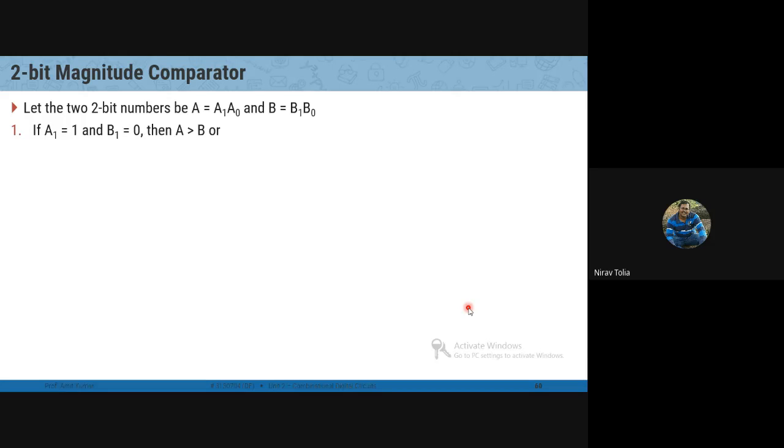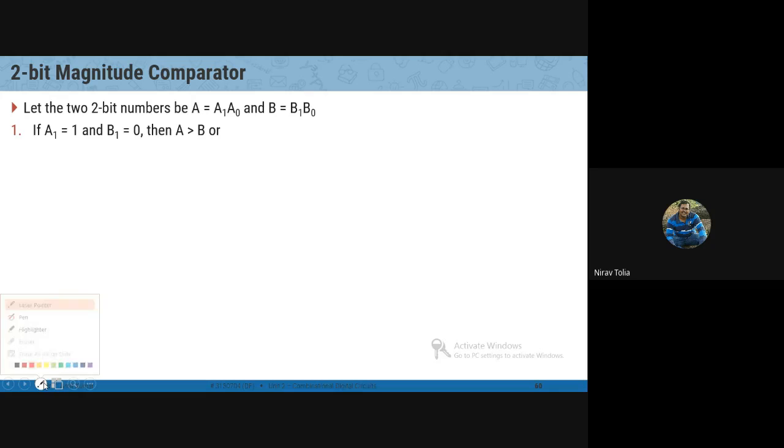So what is the combination for A greater than B? A1 is the most significant bit, having the highest weightage compared to A0, and B1 is the highest weightage compared to B0. So if my A1 is 1 and my B1 is 0, then we do not have to check A0 and B0.